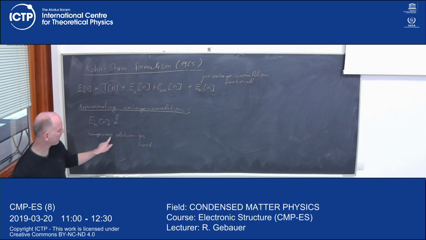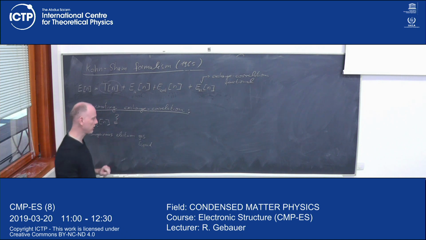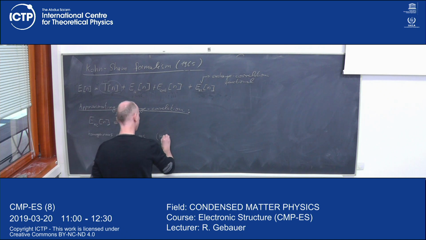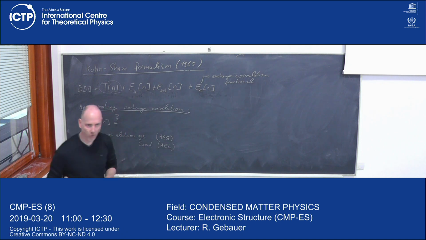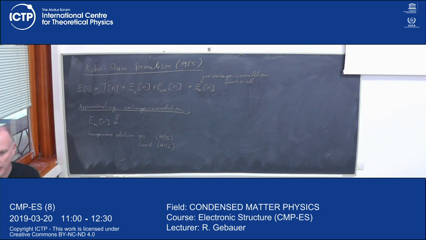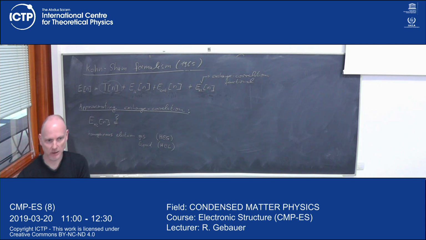It's approximated as HEG, homogeneous electron gas, or homogeneous electron liquid. What is it? Well, it's a very easy concept. It is what electrons would do if there were no atoms which act on them and force them to be in a given region in space.